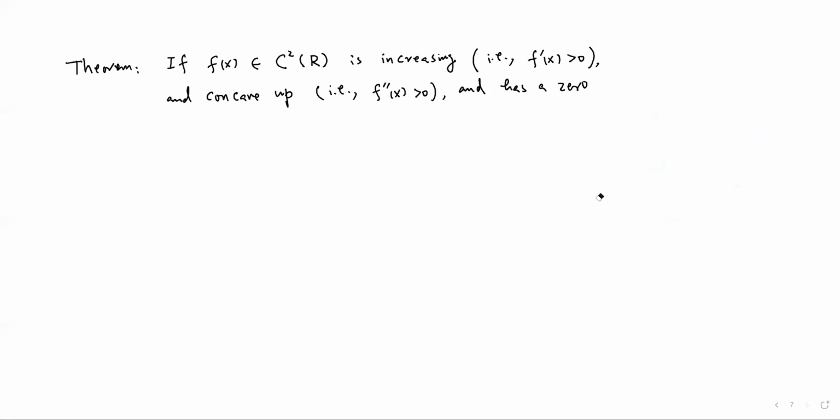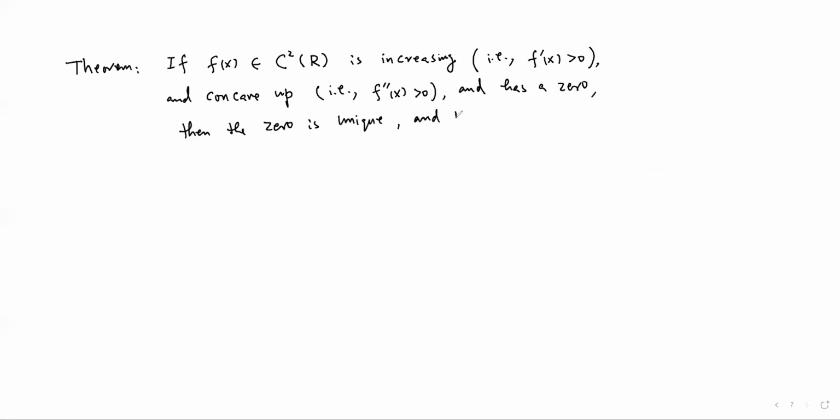Now the conclusion in this special case is that the 0 is unique. That means the function has only one 0.